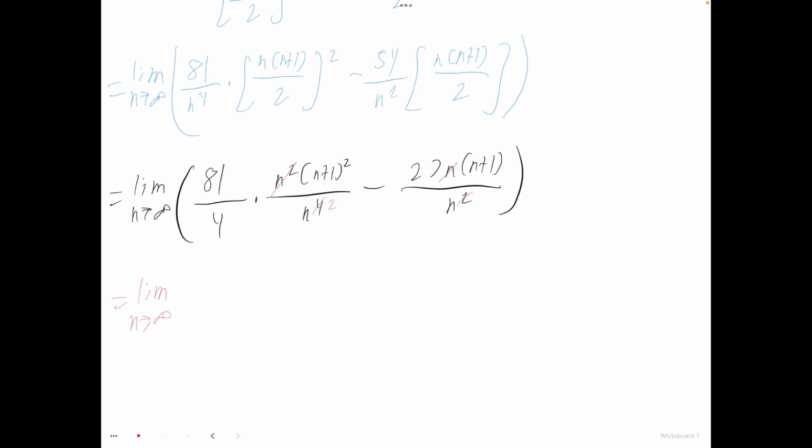So n goes to infinity of 81 over 4 times, I'm going to multiply the top out, so I have n squared plus 2n plus 1 divided by n squared, minus, we're going to have 27n plus 27 divided by n.